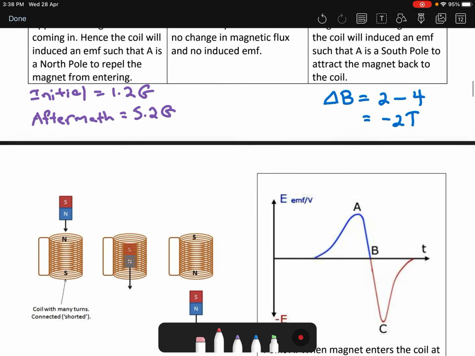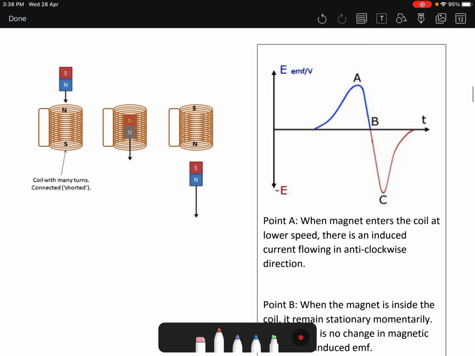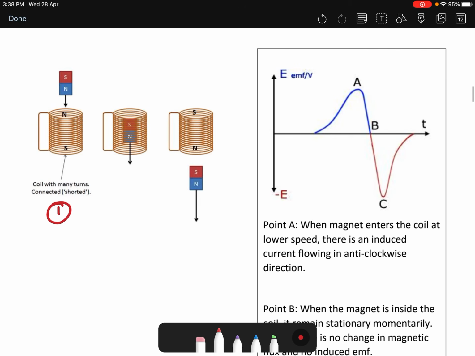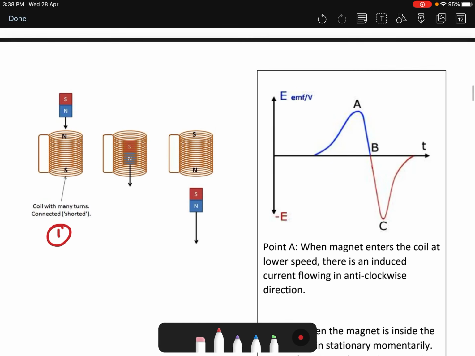What if I have another scenario where the magnet is dropped vertically? The idea is the same. When the magnet drops into the coil, the coil of wire will experience more magnetic field, because initially the magnet is just here, north on top and south at the bottom.